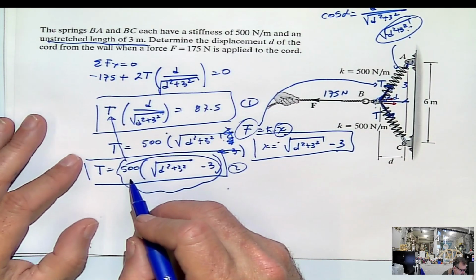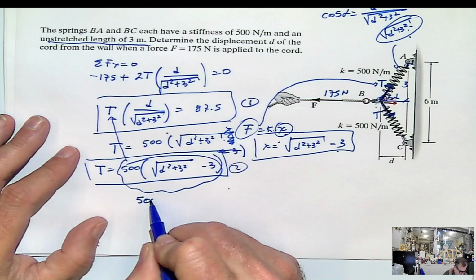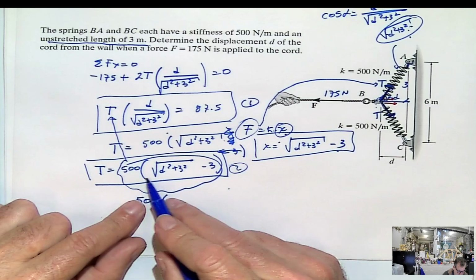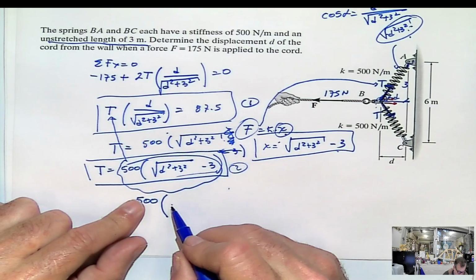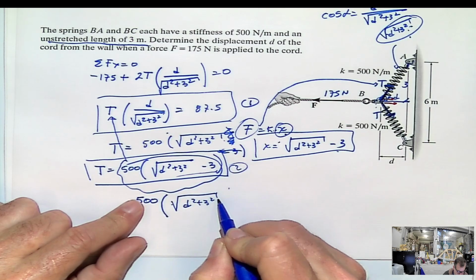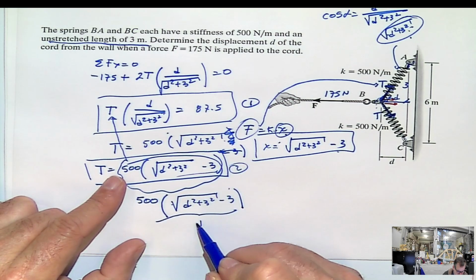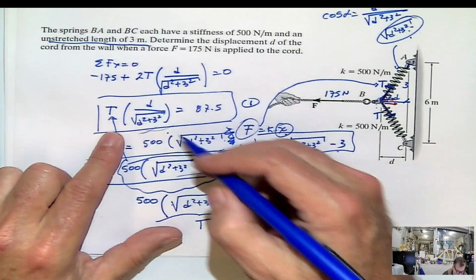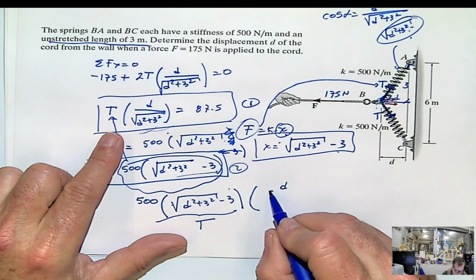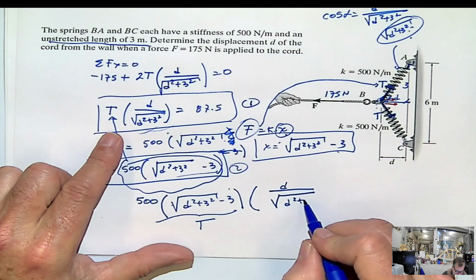Then what do we get? We get 500 times this. That's going to be the value for T. That's T. We continue, multiply by d divided by square root of d squared plus 3 squared.